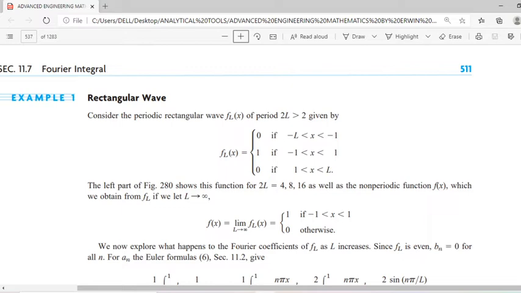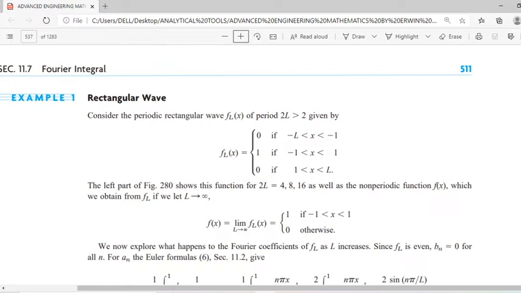Consider this function fL of x equal to 0 if minus L less than x less than minus 1, and 1 if minus 1 less than x less than 1, and 0 if 1 less than x less than L. What is the range? What is the value of 2L?